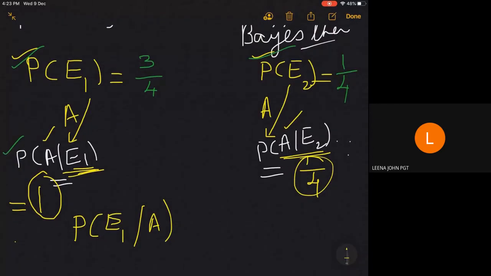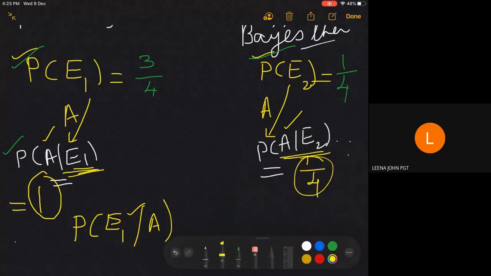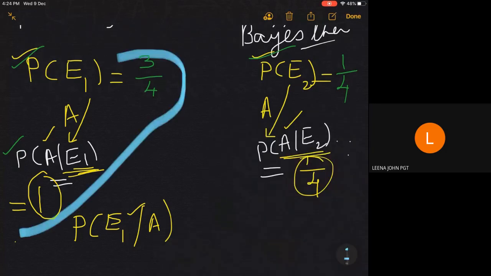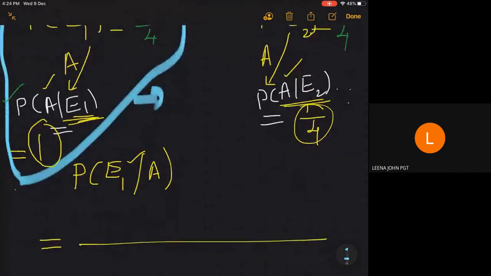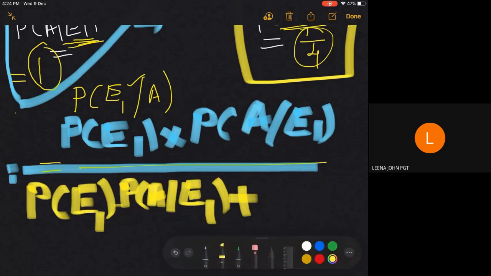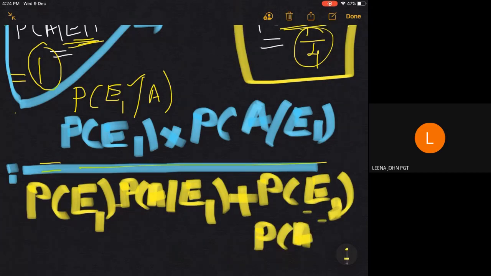P of E1 given A means you will be encircling one of these probabilities. What I have told you is, which one you will encircle? This one you will encircle, because this will come 2 times. This will come in the numerator, so we will be getting P of E1 into P of A given E1 divided by P of E1 into P of A given E1 plus P of E2 into P of A given E2.